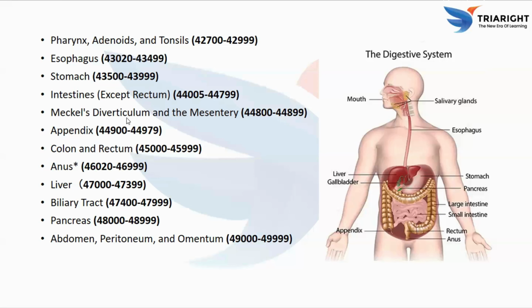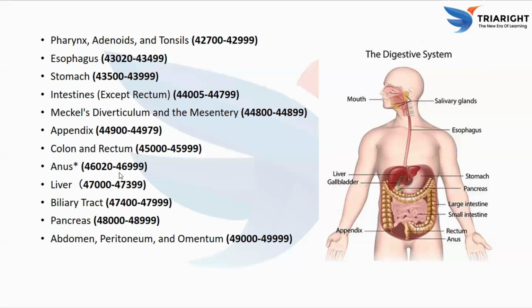This includes small intestine and large intestine, excluding the rectum. Common procedures are resection, anastomosis and also repair of obstruction. Rectum is coded separately. And next, Meckel's diverticulum and the mesentery. They include the removal of Meckel's diverticulum and also the procedures on the intestinal mesentery.